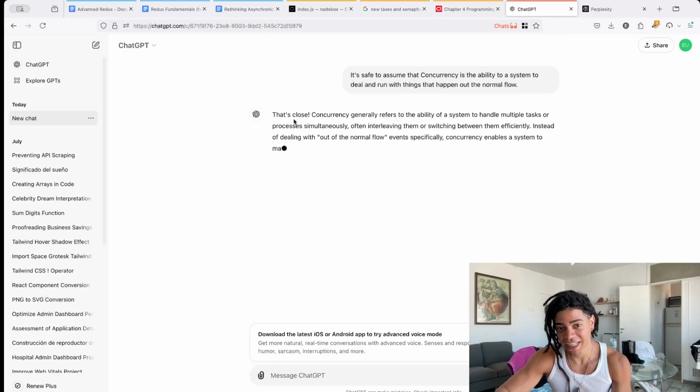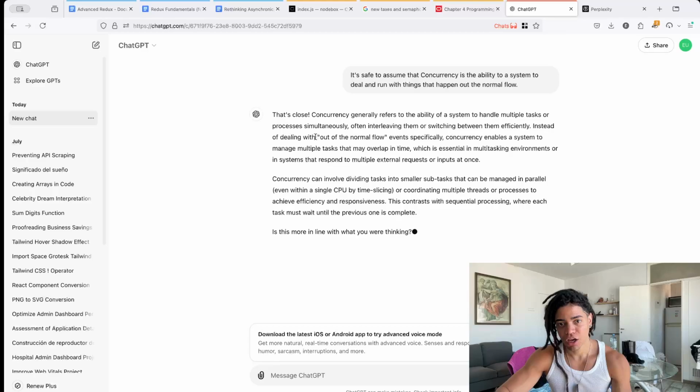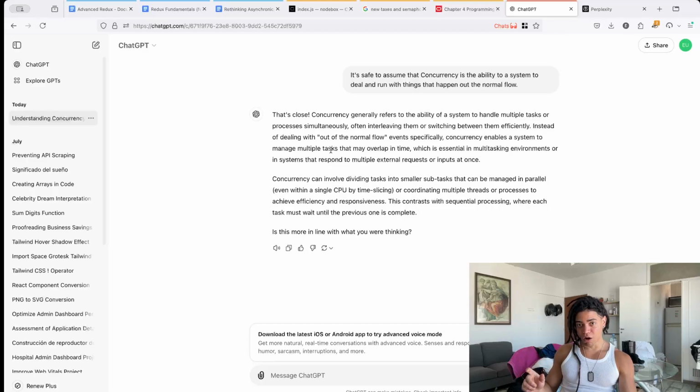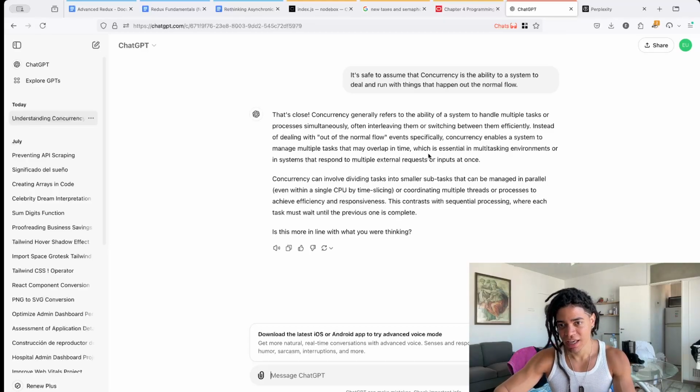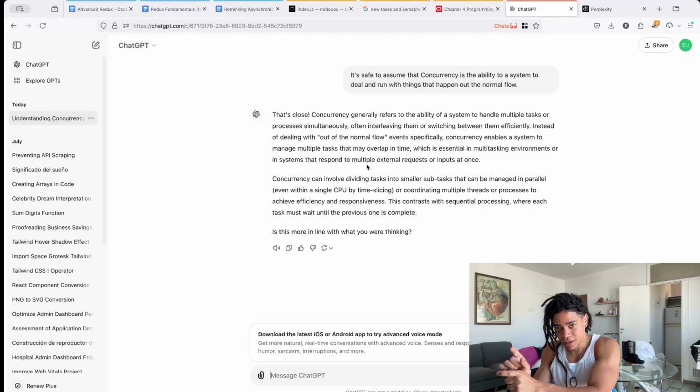Concurrency generally refers to the ability of a system to handle multiple tasks or processes simultaneously, often interleaving them or switching between them, instead of dealing with out of the normal flows. Specifically, concurrency enables a system to manage multiple tasks that may overlap in time, which is essential in multitasking environments or in systems that respond to multiple external requests or inputs.